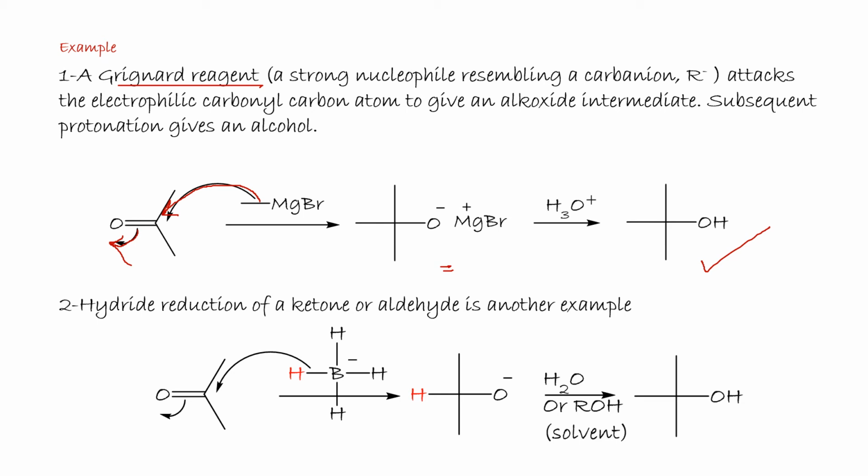Reduction of aldehydes and ketones with hydrides, like sodium borohydride, H minus will attack the partially positive carbon, provide alkoxide, which upon protonation with a solvent like water or alcohol furnishes alcohol.